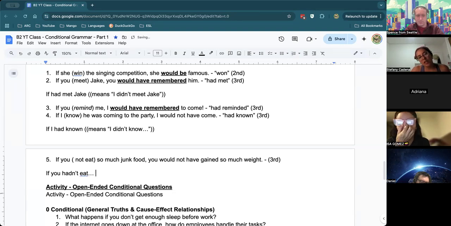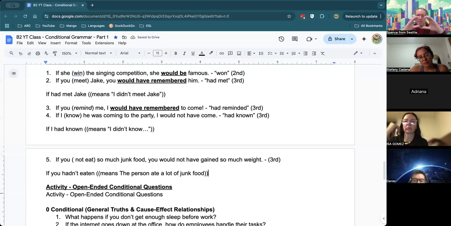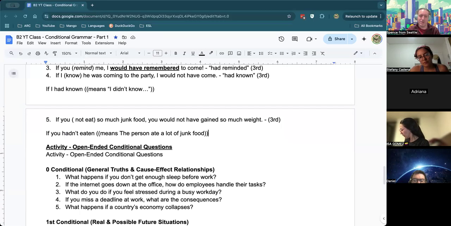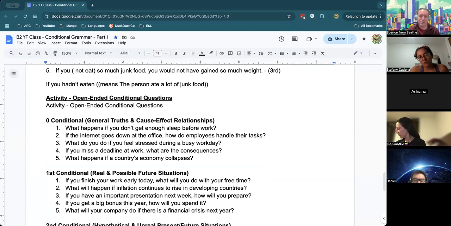Hadn't eaten. Okay. Does that mean that the person did or didn't eat a lot of junk food? The person did. Yeah, the person ate a lot of junk food. Exactly. So these sentences have a lot of information inside of them. But without the right grammar, we're not able to express the ideas.